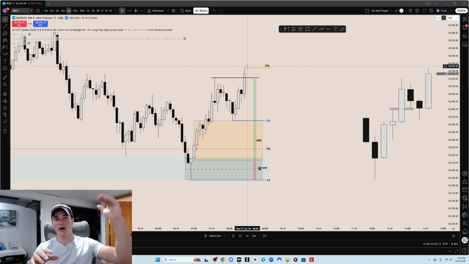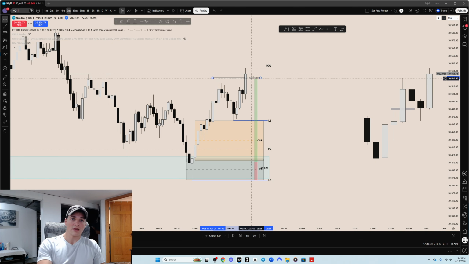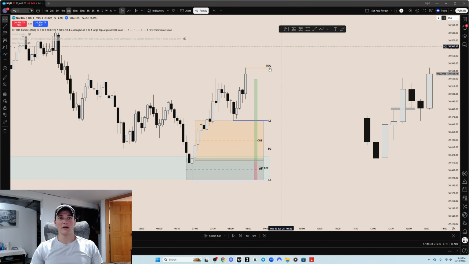If it's a very long and strong wick above that high or low, that's also a very clean liquidity sweep. That would also be counted as a very clean liquidity sweep level. So I noticed that, saw that this before was the actual draw on liquidity until we broke that high. So now this was the new draw on liquidity.